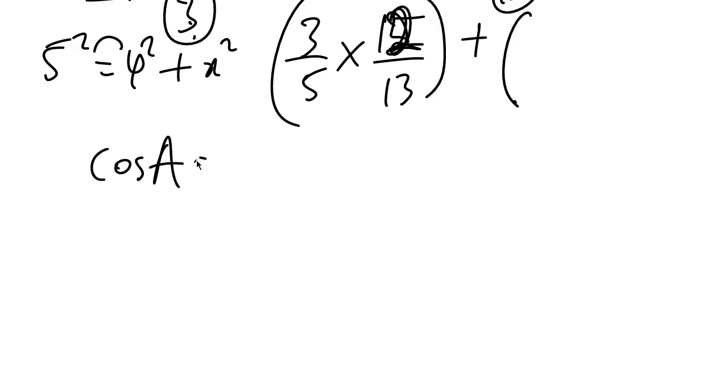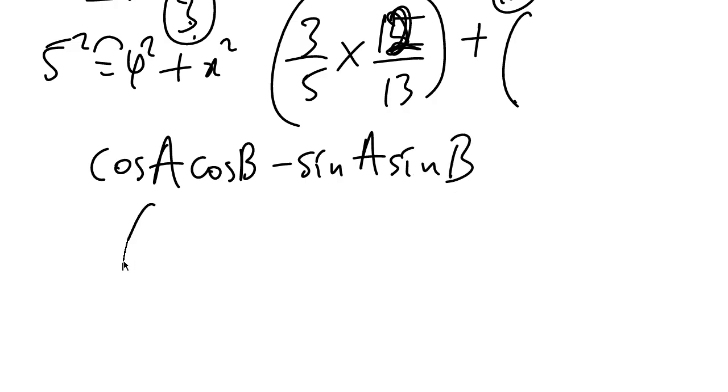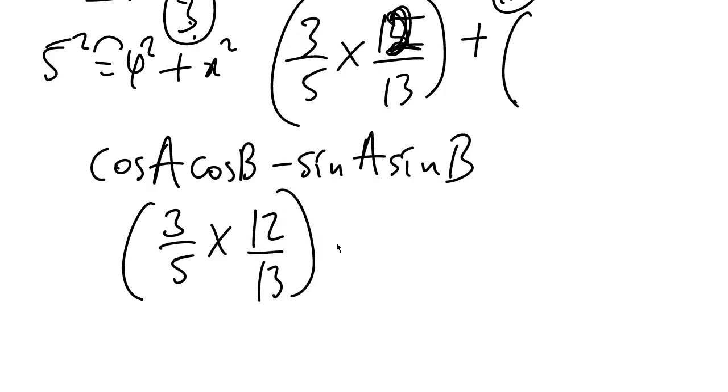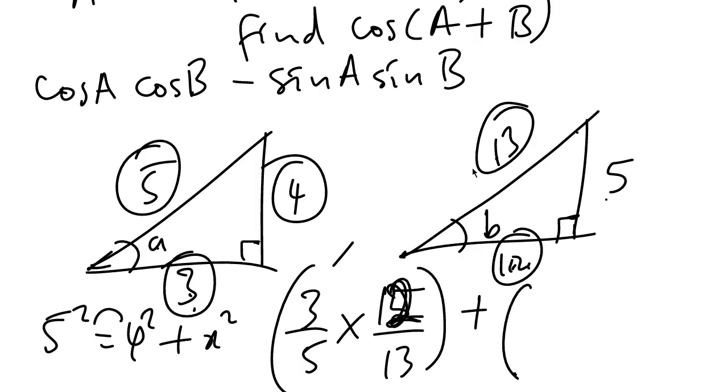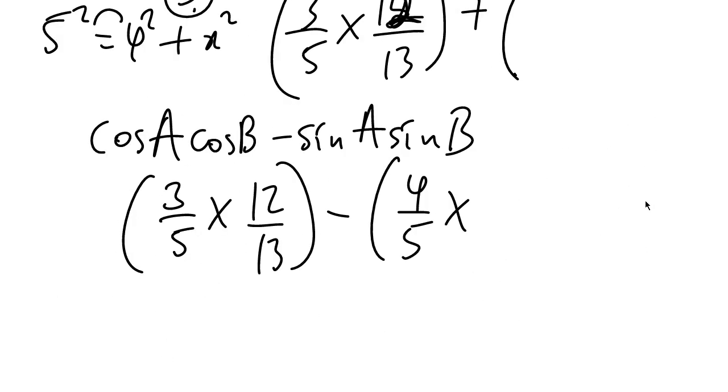Sorry, the formula is cos A cos B minus sine A sine B. So what we have is cos A, 3 over 5, times 12 over 13, minus sine A, which is 4 over 5, it was given in the question, times sine B. So from this triangle, what is sine B? Sine B is the opposite over the hypotenuse, which is 5 over 13. Are you following?